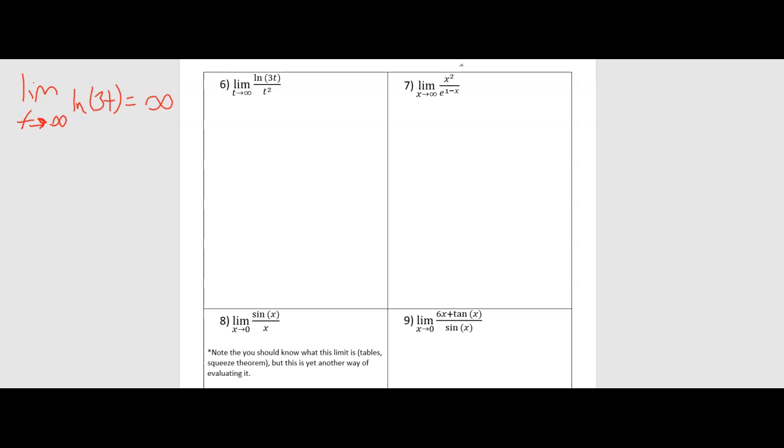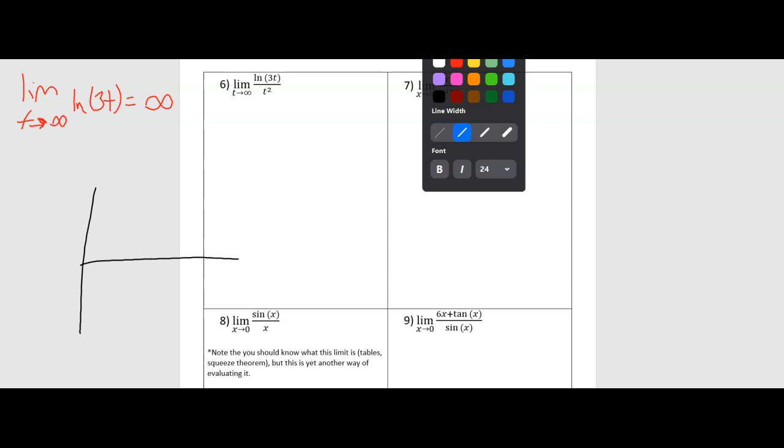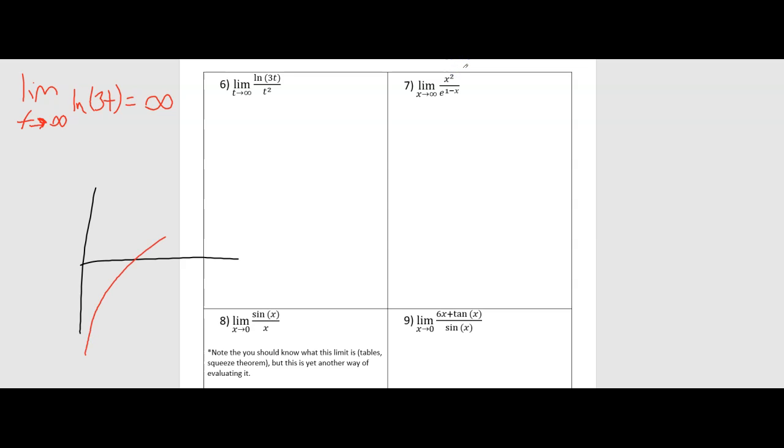This does indeed approach infinity. The natural log function, well, if we think about what that looks like, we just sketch it out. It's a good one to know. This is 1. Even though it looks like there may be a horizontal asymptote somewhere, there isn't.